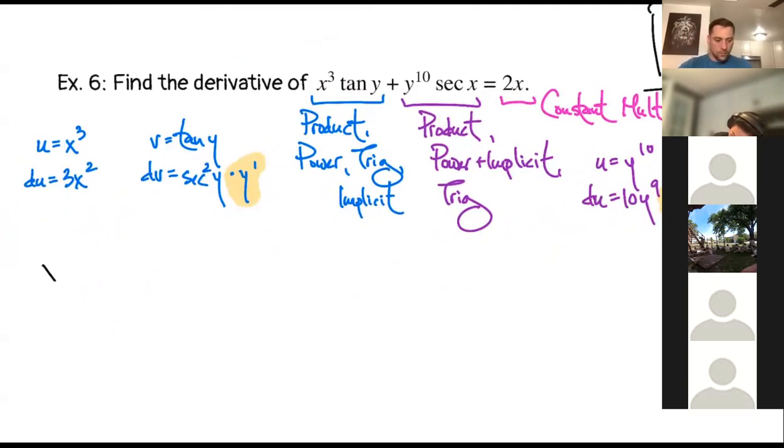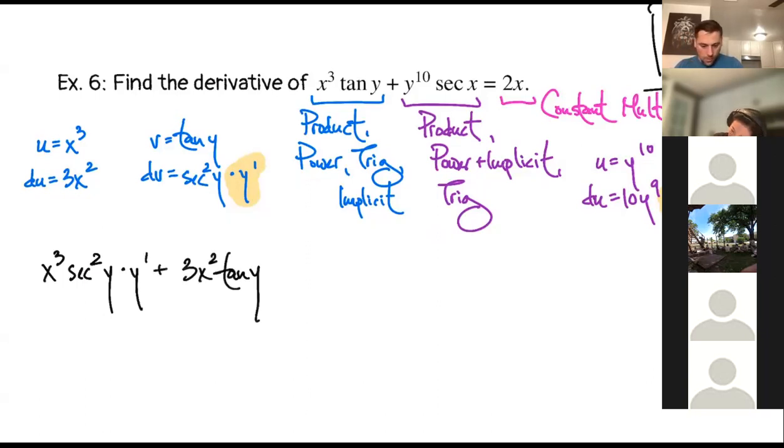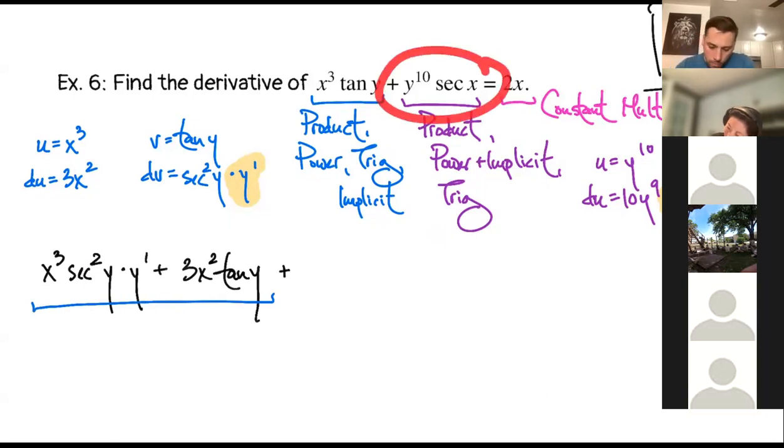So let's write this all out. We've got x cubed secant squared y times y prime plus 3x squared tangent y. All of this is the blue, plus the derivative of the purple part.